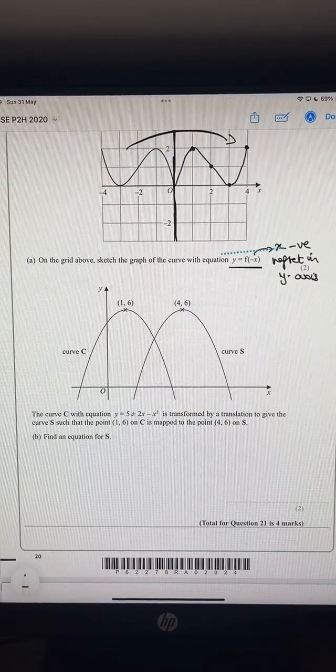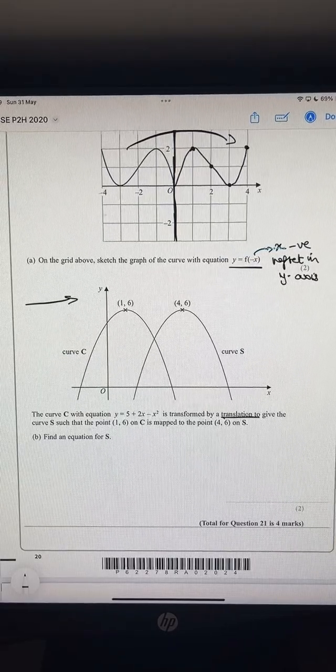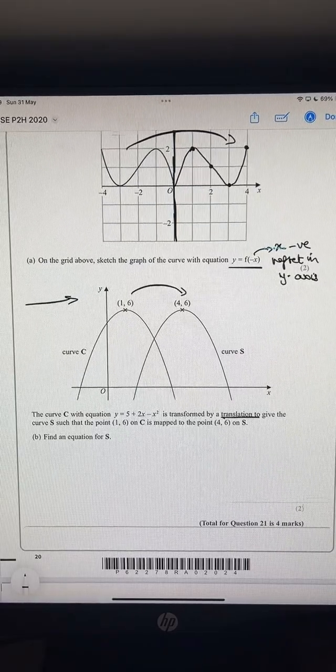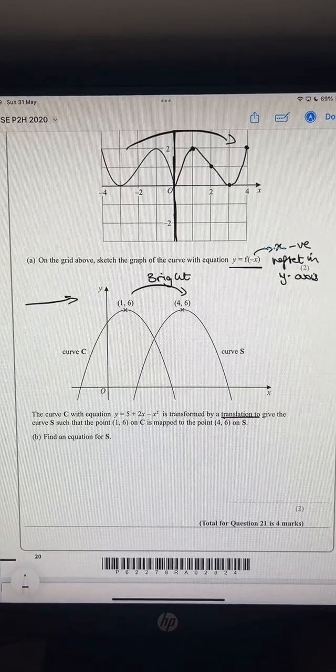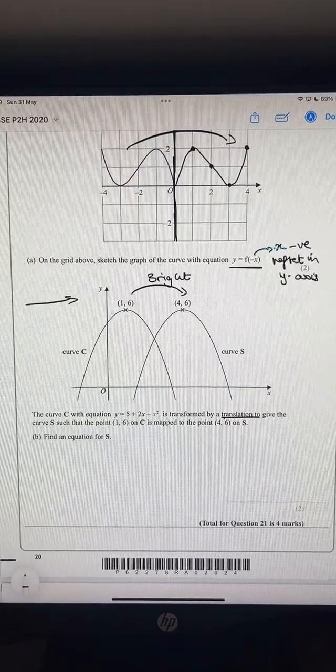The curve C with the equation y equals 5 plus 2x minus x squared is transformed by a translation to give curve S, so that's C to S, such that the point (1, 6) on C is mapped to (4, 6). So from 1 to 4, that's going 3 right. I will note the rules you need to remember at the end.